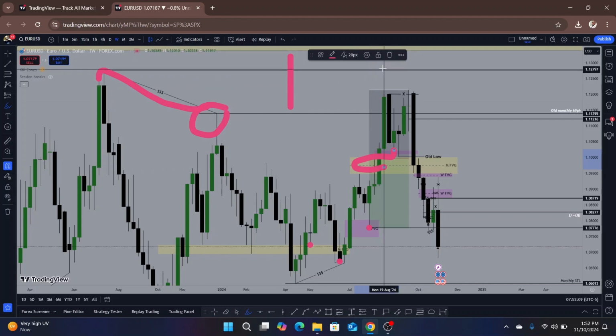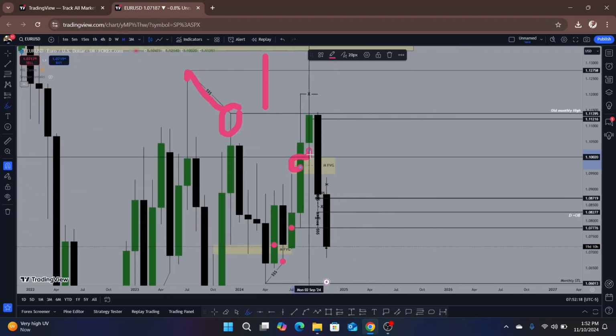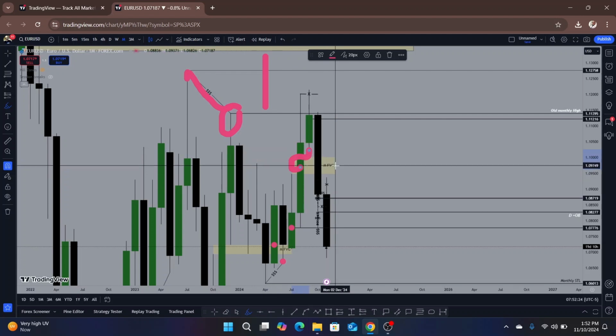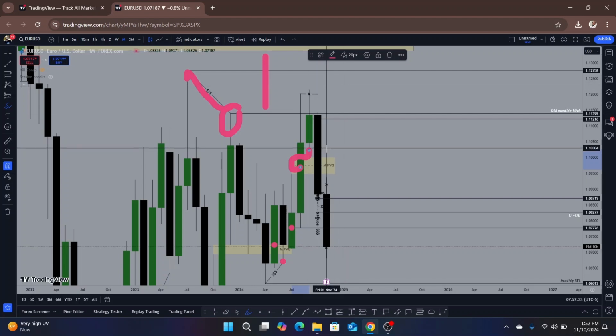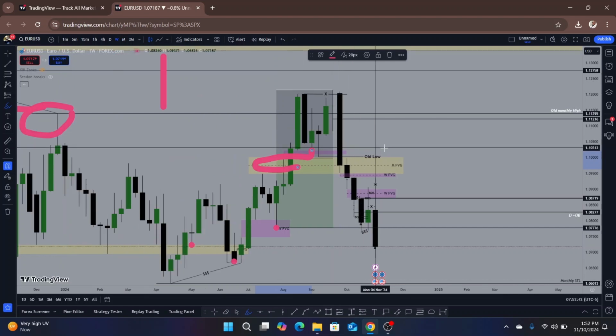Actually, I analyze my chart from the monthly fair value gap. If I look at the monthly fair value gap, you can see that we have this fair value gap here. I was hoping to see maybe price was going to buy, but one thing you must know is that you must be able to follow what price is doing. Not because I have this here and I'm waiting, when price comes down, I'll just start forcing buys around that place. No, if price does not give me proof that it's going to buy from that zone, there's nothing that will make me buy from there.